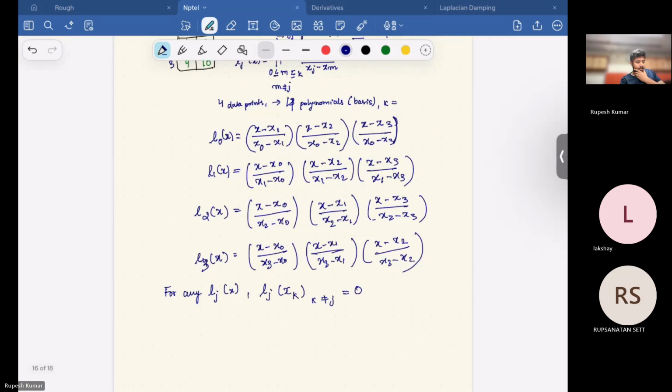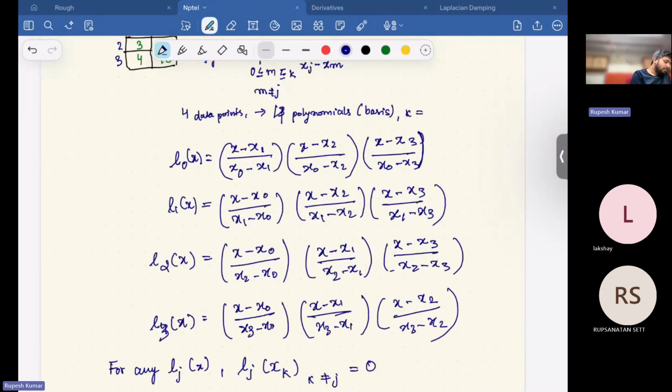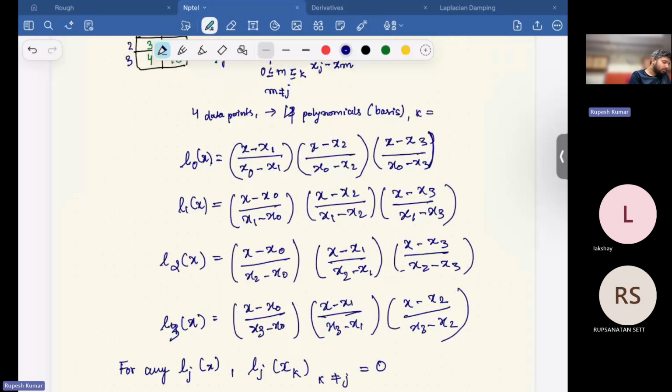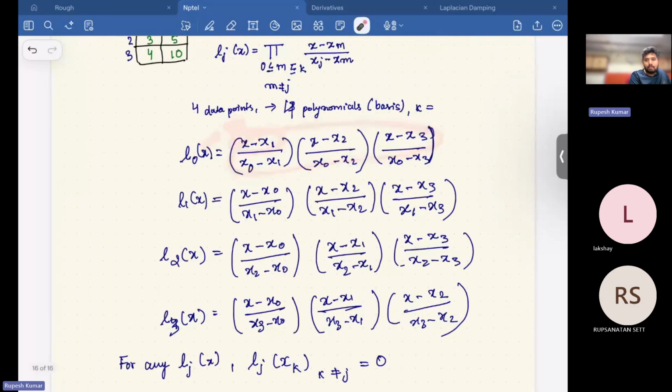For example, for L0(x), if you put x equals x1, the first term will be 0, so the entire polynomial will be 0. If you put x equals x2, again it will be 0, and x equals x3, again 0.